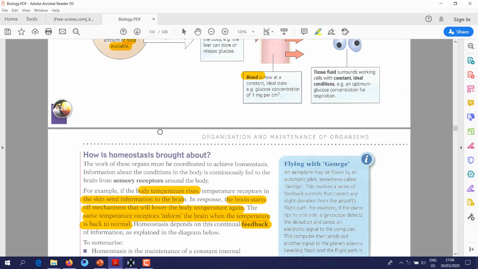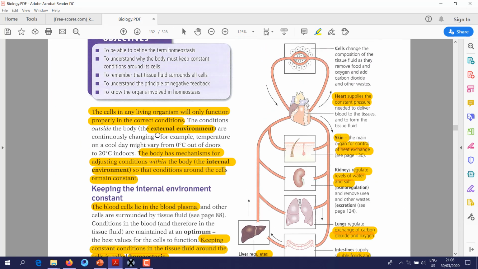Again, let's explain it here. Firstly the skin. As we know, if the environment temperature increases, what will happen? In our skin we have receptors, like sensors. These receptors will detect that there is a change in the temperature, so they will send a message to the brain.